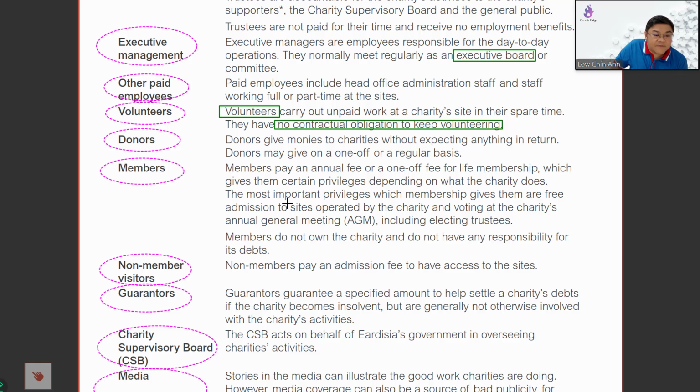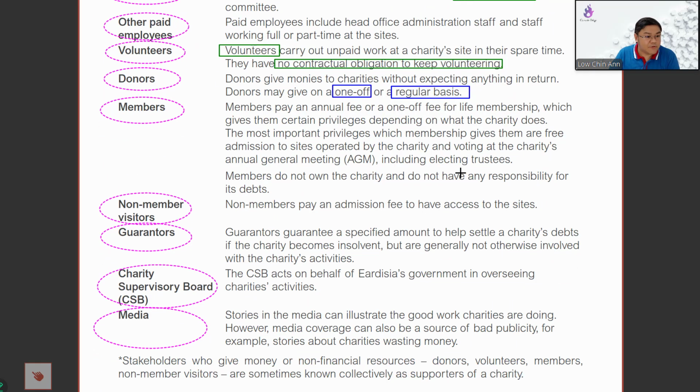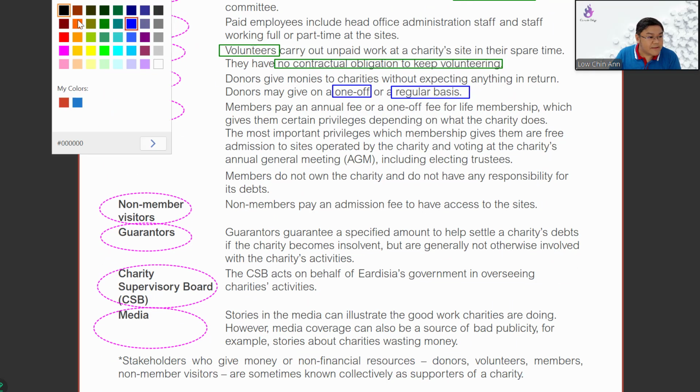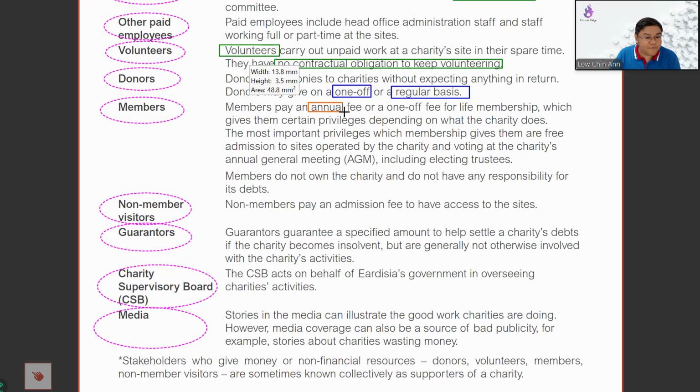Okay, so donors give money to charities without expecting anything in return. They have a one-off donation or subscription basis, which is quite normal. Members pay an annual fee or a one-off fee for a lifetime membership. Normally lifetime means they pay a bit more, then they don't have to pay every year, which gives them certain privileges depending on what the charity does.